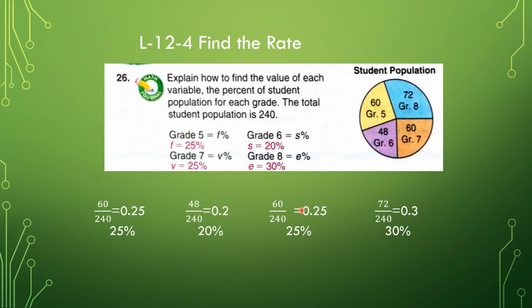And grade 7 is 60 over 240, which is 0.25. It is 25%. And 72 over 240 is 0.3. It is 30%. In this one, you can find all the percentages of grades 5, 6, 7 and 8.